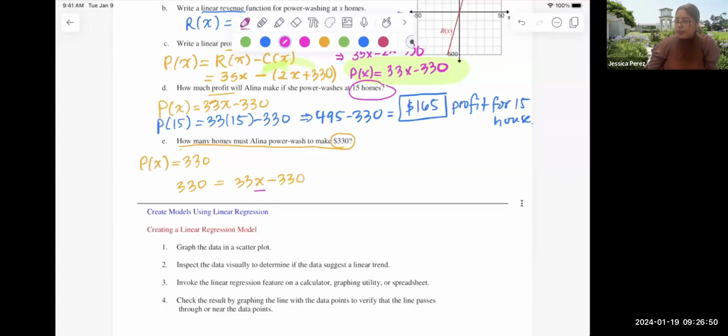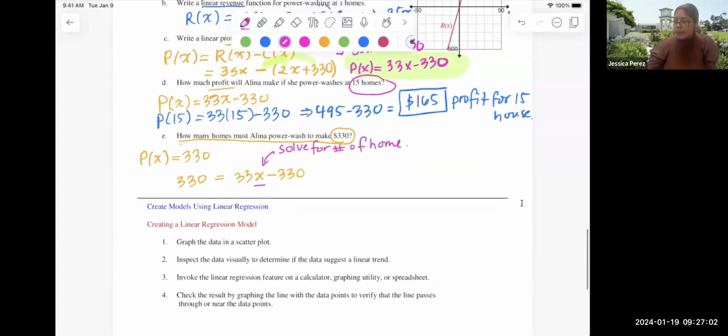And then we want to solve for X. We want to solve for the number of homes. That means we need to isolate our variable X. So when I do that, that means I'm going to add the 330 to both sides. That's going to be 660 is equal to 33X. When I solve, meaning I divide both sides by 33, I get X equal to 20.